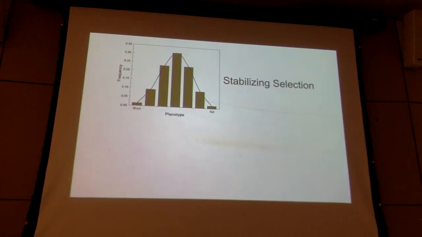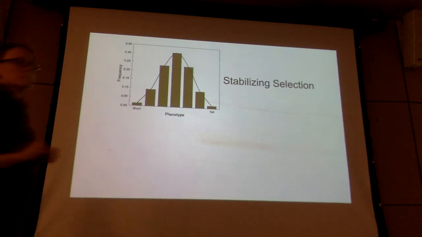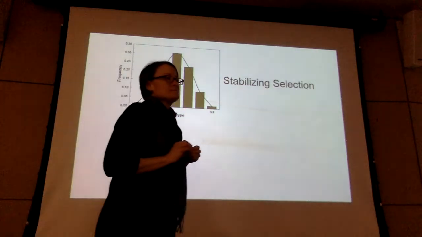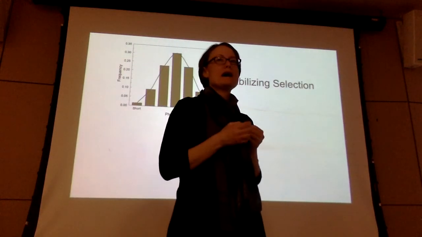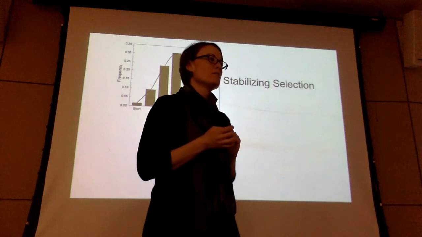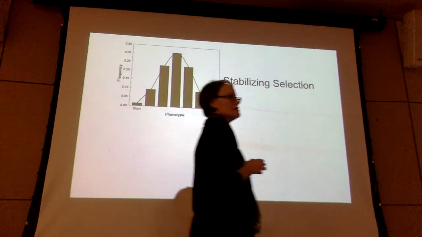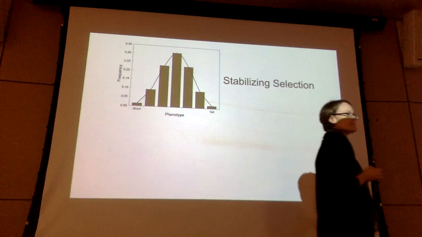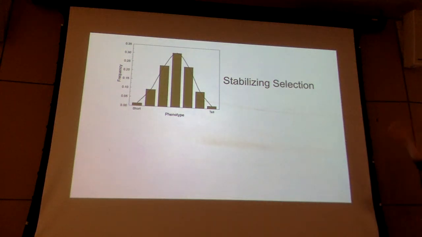For stabilizing selection, if I wanted to impose stabilizing selection on this population, what would I do? Think back or think about what the word stabilizing might indicate. Kylie, what do you think? What would you do to impose stabilizing selection here?